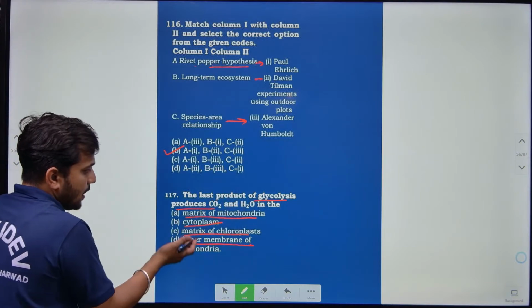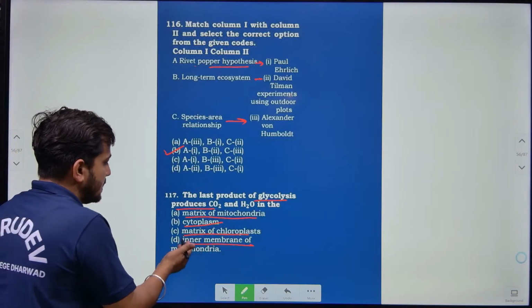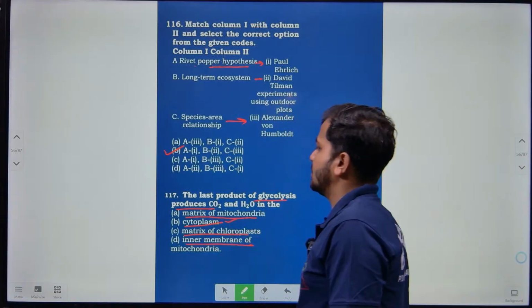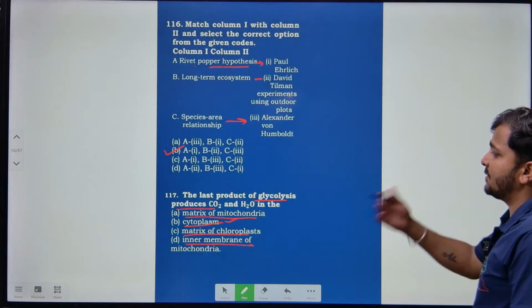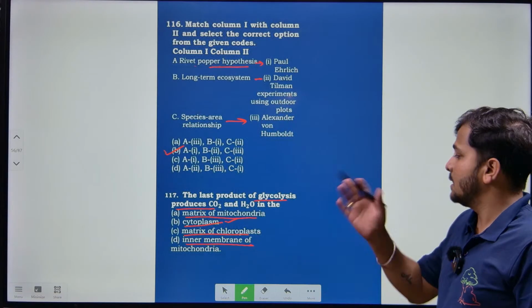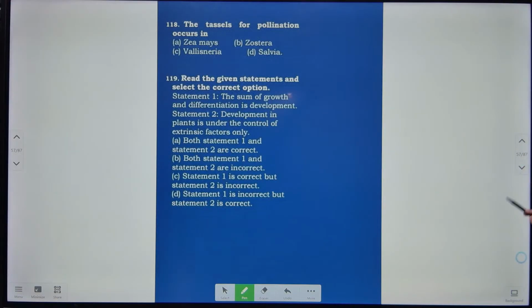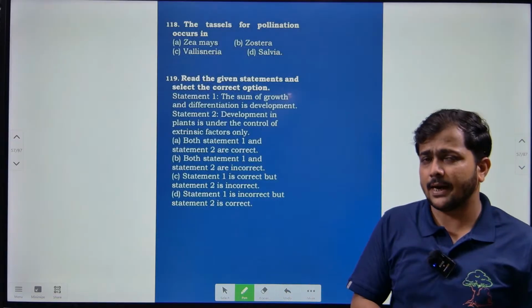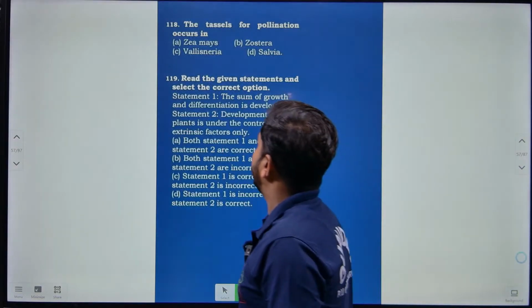Mitochondria, cytoplasm, matrix of chloroplast, or inner membrane of mitochondria. So majorly what we are finding here is that the cytoplasm is where glycolysis occurs, because after that the product formed enters in the form of acetyl CoA into the Krebs cycle, inside the mitochondrial matrix, right?